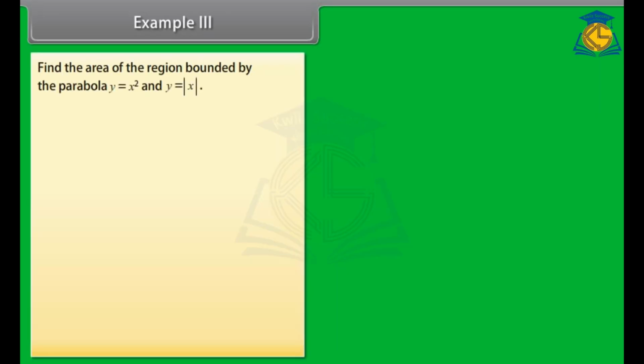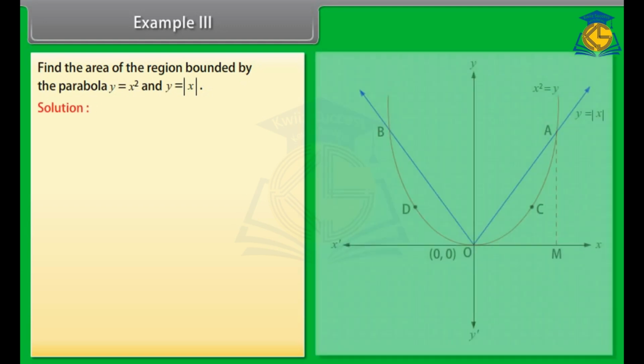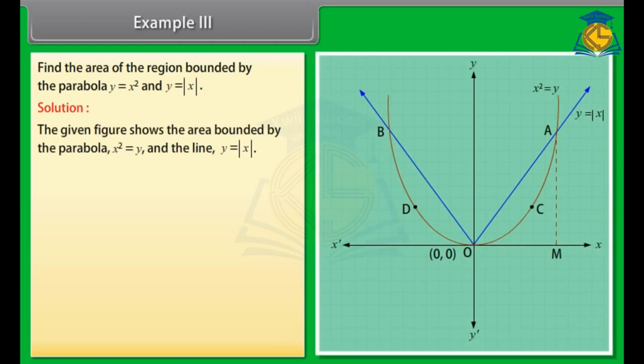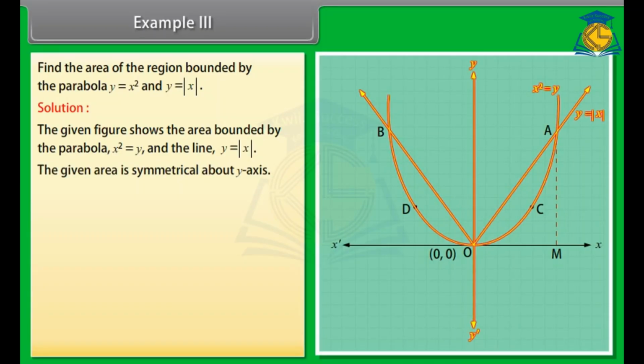Example third. Find the area of the region bound by the parabola y is equal to x square and y is equal to modulus of x. Solution. The given figure shows the area bound by the parabola x square is equal to y and the line y is equal to modulus of x. The given area is symmetrical about y-axis.